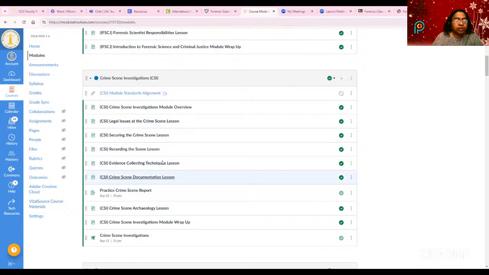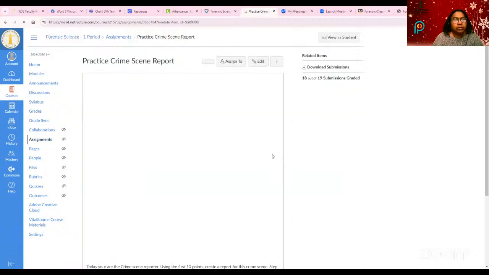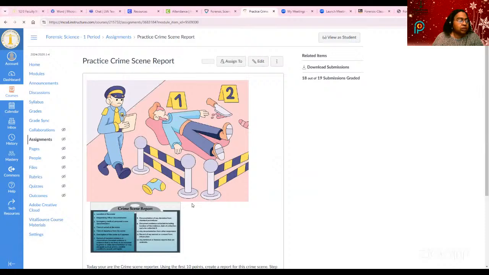Documentation, evidence collecting. All right, we did a practice crime scene report, so that's in your module. And then you had a list of all the things that should be in your crime scene report. So this is in the module.